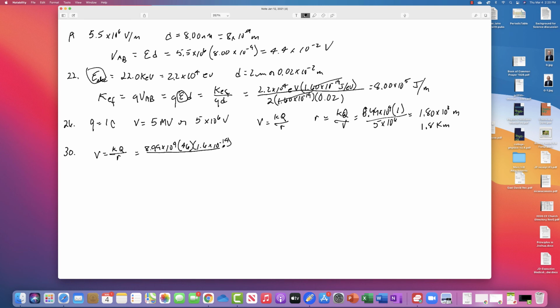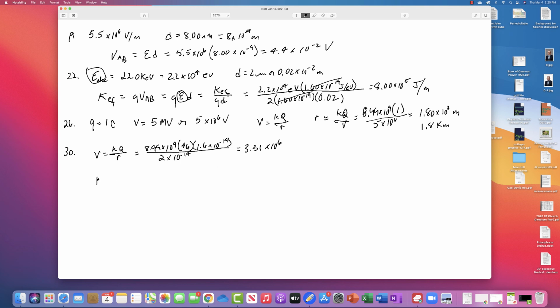And the distance is 2 times 10 to the minus 14. And so you end up with a voltage of 3.31 times 10 to the 6th.